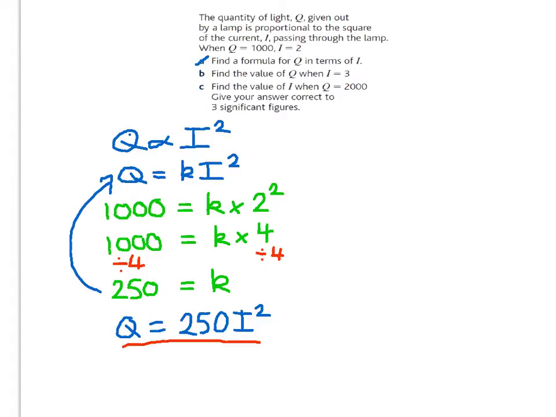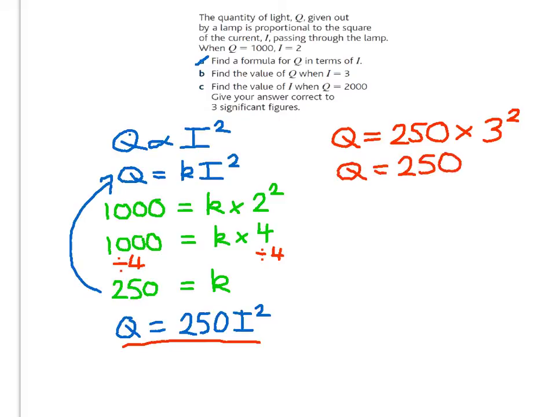So Q equals 250 multiplied by 3 squared. 3 squared is 9, so Q equals 250 times 9, and 250 times 9 is 2250. And that's my answer. I found my value of Q.